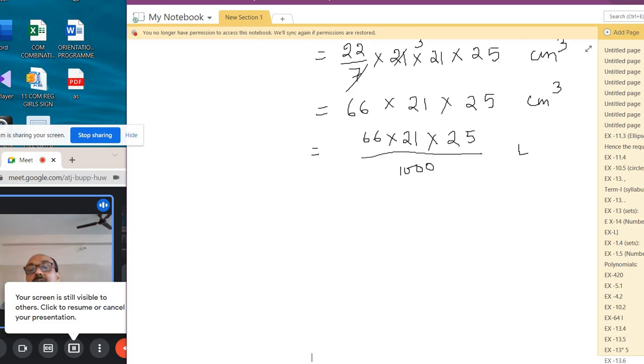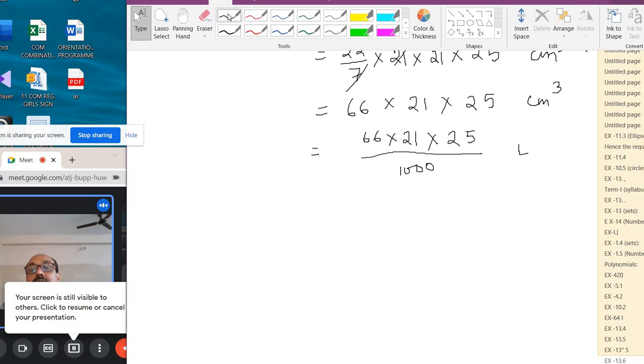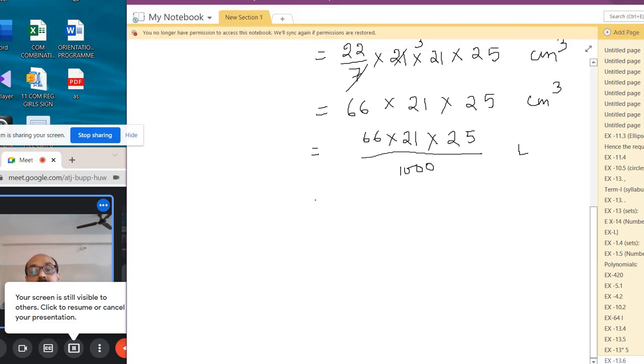So calculate this. 25 and 1000 reduce to 1 and 40.